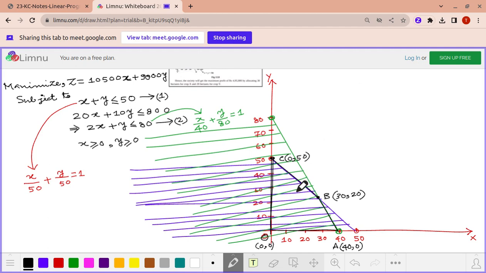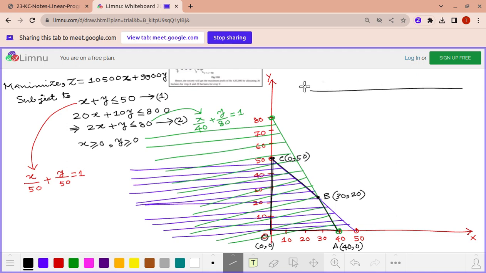So all you need to find, dear students, here is the value of the objective function z at all these corner points. That is the corner point method. So what we will do here is find the values.